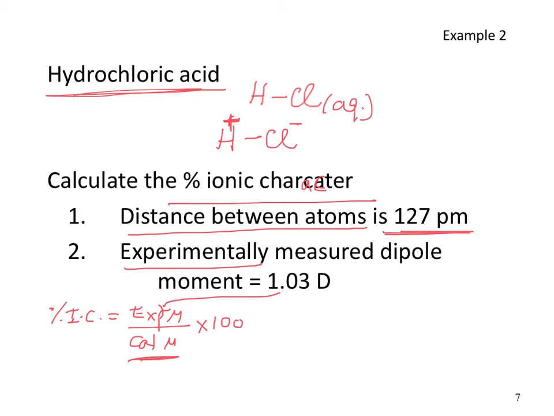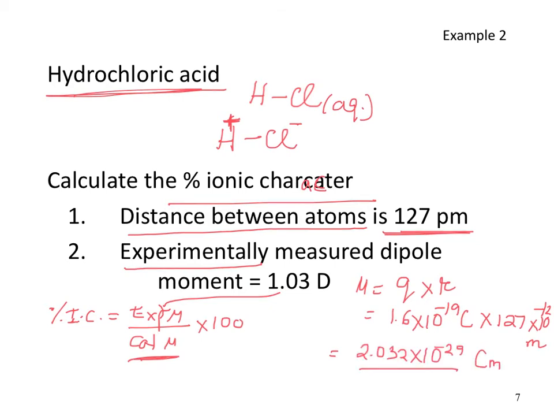In order to get the calculated dipole moment, which is nothing but the product of the charge times the distance of separation, since it's a unipositive, uni-negative charge, the Q is going to be 1.6 times 10 to the negative 19 coulombs times the radius, 127 picometers. Pico means 10 to the power of negative 12. So you can safely say that this value comes out to be 2.032 times 10 to the negative 29 coulomb meters.